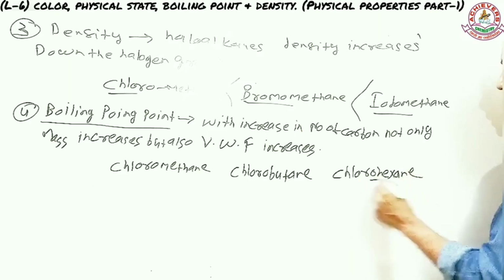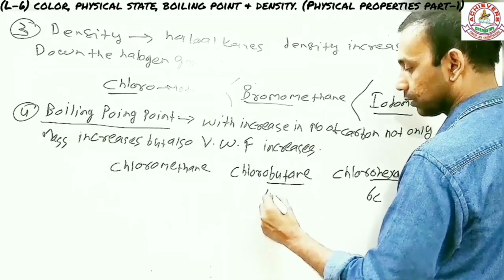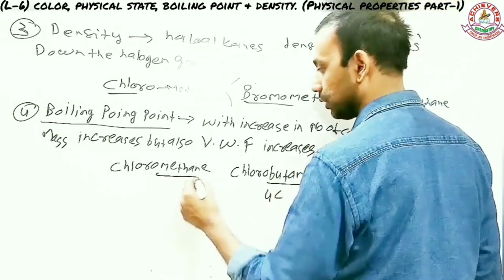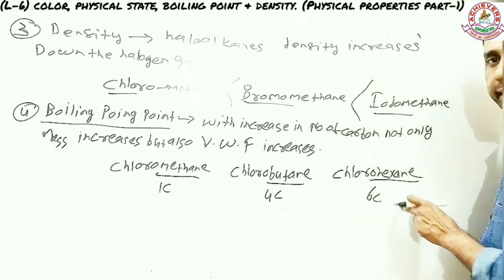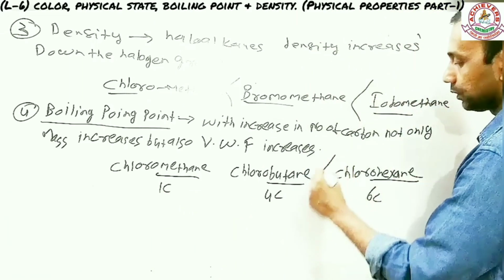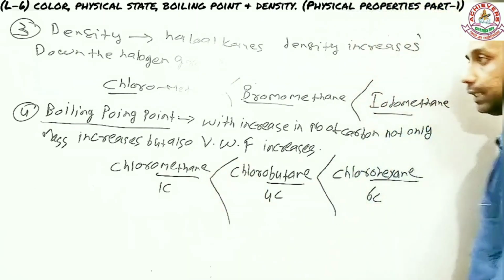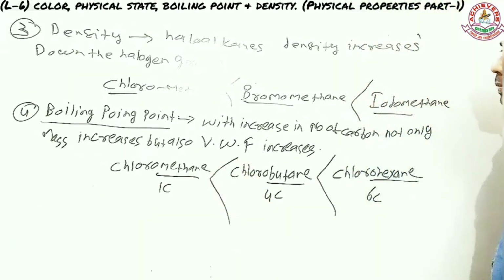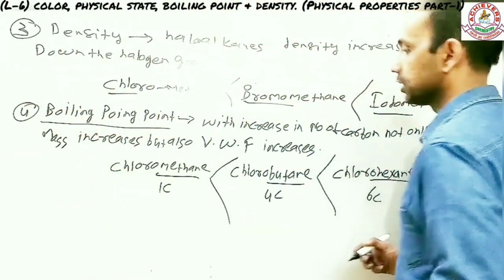What we see here is that hexane has 6 carbon, the butane has 4 carbon, and the methane has only 1 carbon. So it's very simple: because the number of carbon here is highest, the boiling point for this one will be highest, this one will be second highest, while this one will have the least boiling point. Boiling point depends on so many factors. So let's get through the next part here.